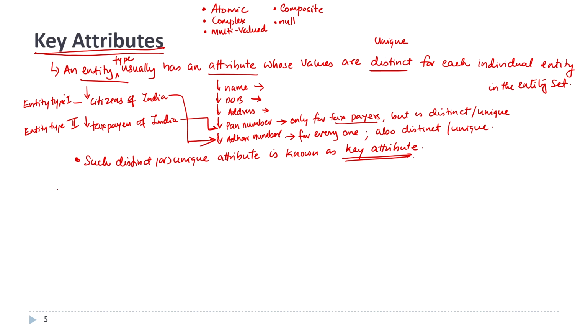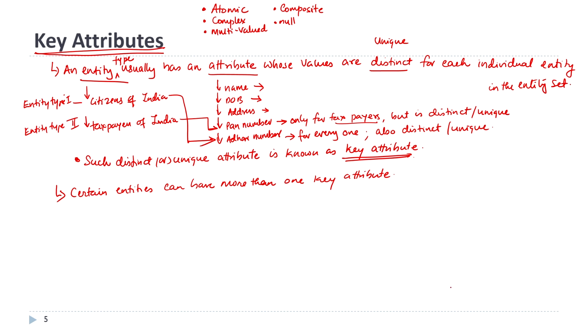Okay. Another thing you need to remember is that certain entities can have more than one key attribute. So, if you add another attribute like the ration card number, that could be another one, or the voter's ID card is another one.